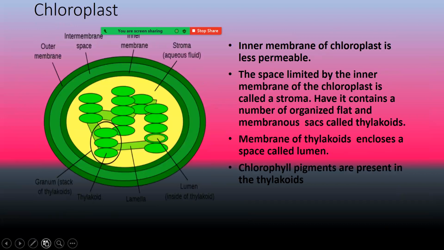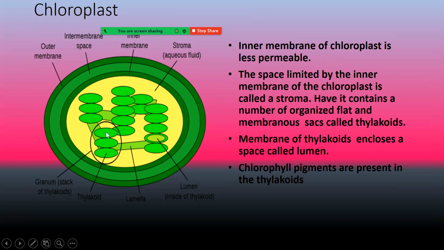If you look at the structure of the chloroplast, it has a double layer membrane, and the inner membrane of the chloroplast is less permeable. Inside the inner membrane there are thylakoids.